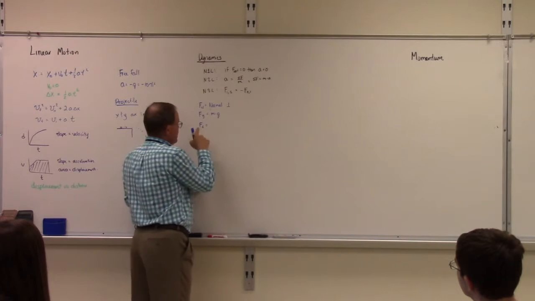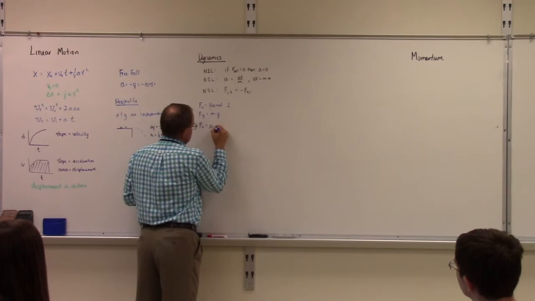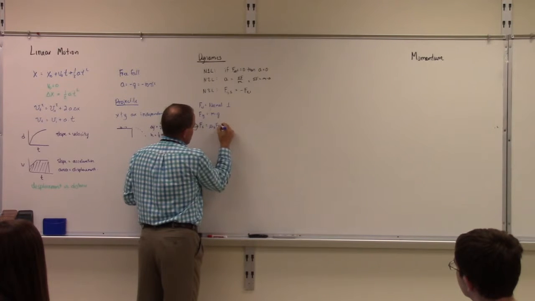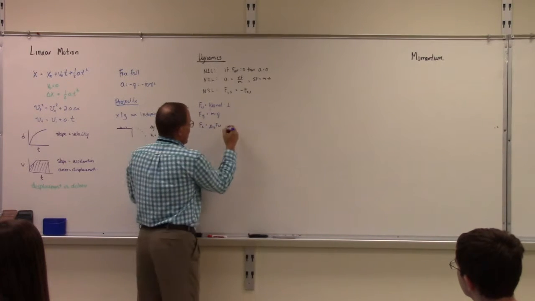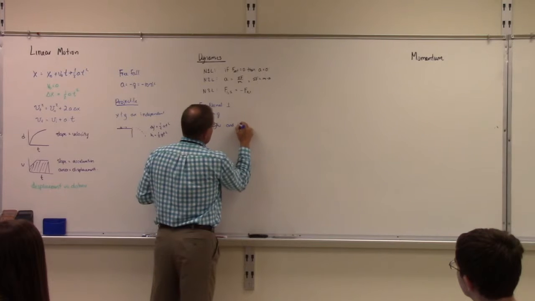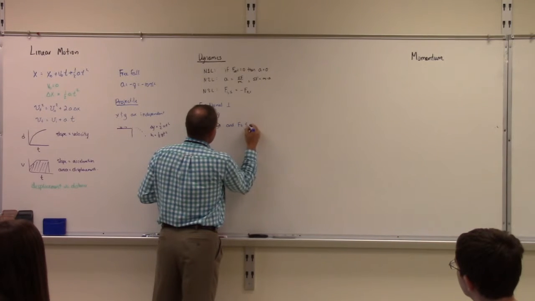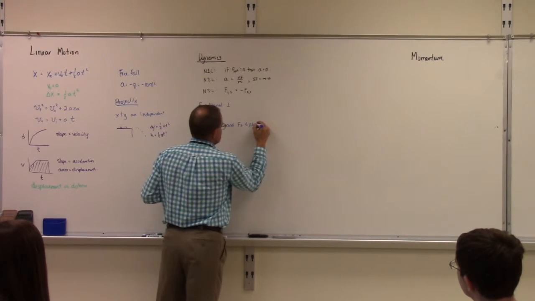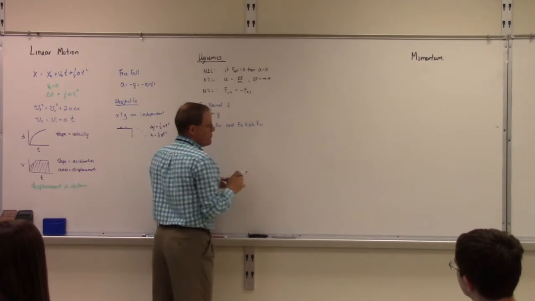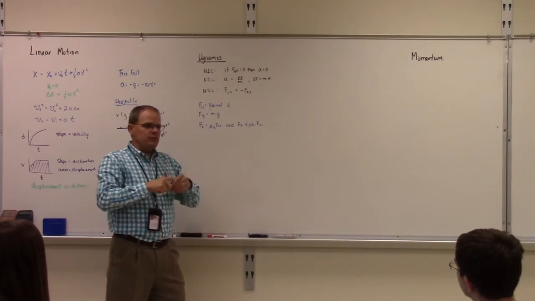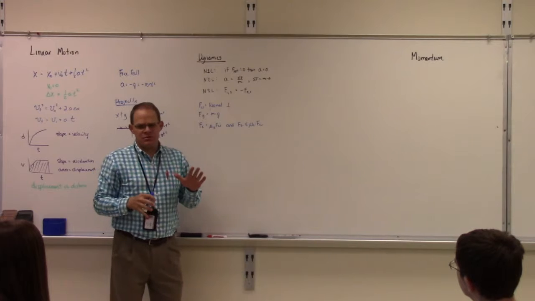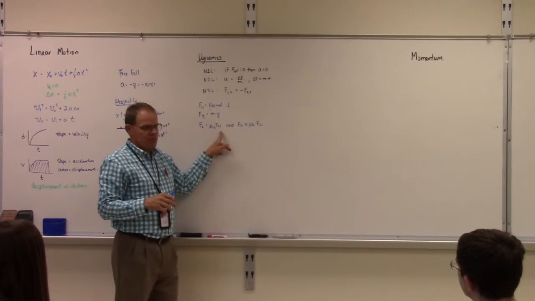If you're moving, the friction force always equals mu sub k times the normal force. And if you're sitting still, the friction force is always less than or equal to the static friction coefficient times the normal force. So remember, if you're moving, you know what the friction force is. It's just mu times the normal force.